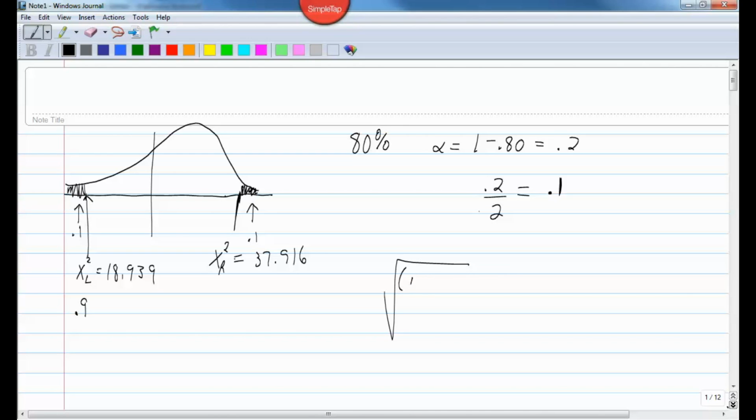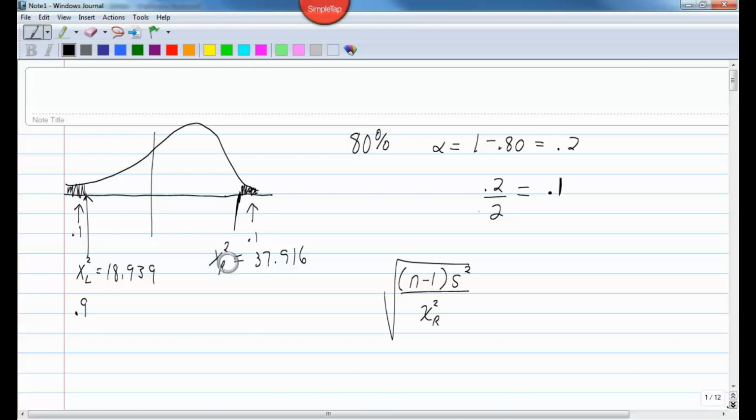So n minus 1 times s squared over chi squared sub r. That's our left endpoint of our confidence interval. And since it's the left endpoint, it should be the smaller number when we get it. You'll see that it is.